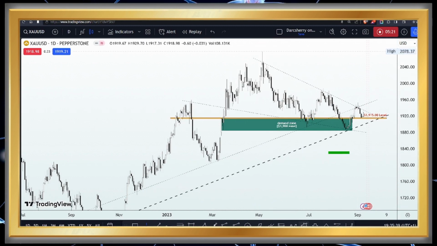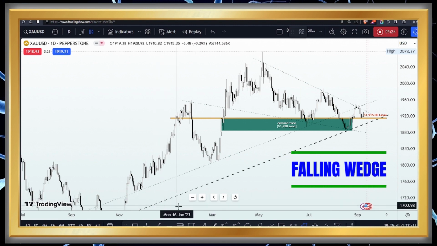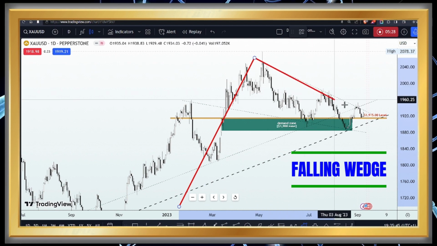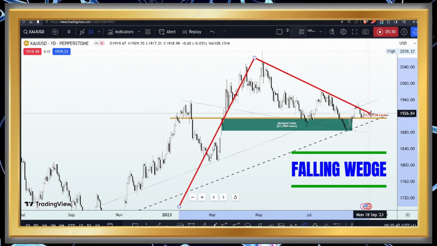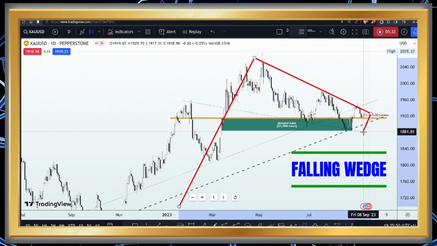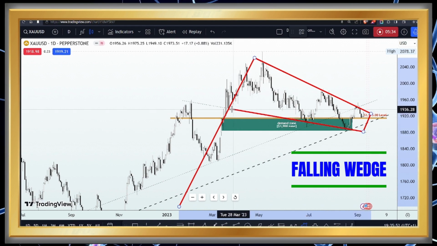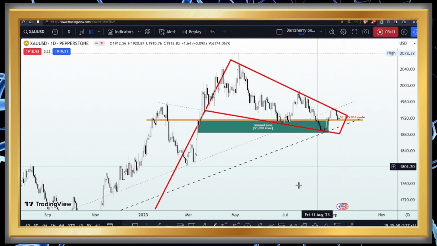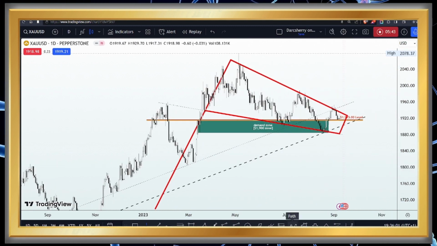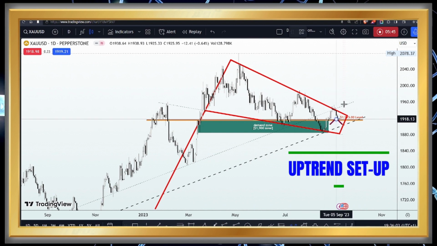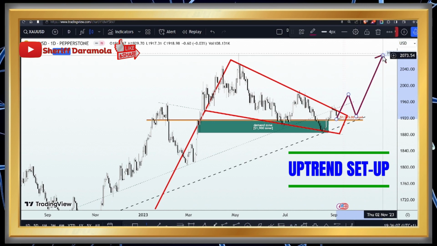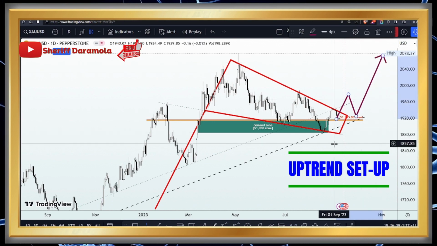You will see that we have an impulsive move that brought us into this point, and you can see how price action had gradually transitioned into an uptrend continuation pattern in the form of a wedge. Now, when we have something like this, we expect from a technical standpoint that price action breaking out of the structure will be all we need to incite an uptrend continuation.